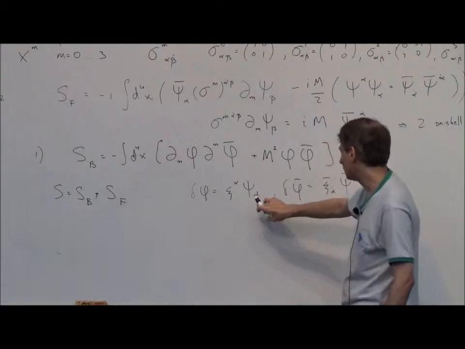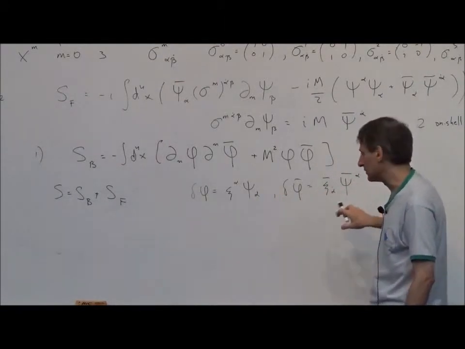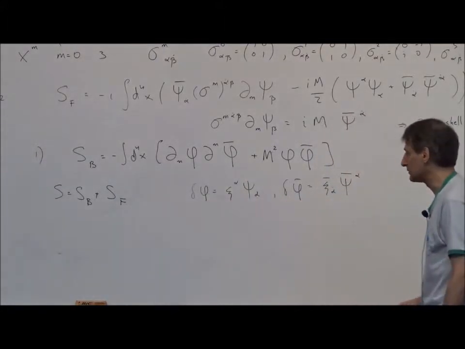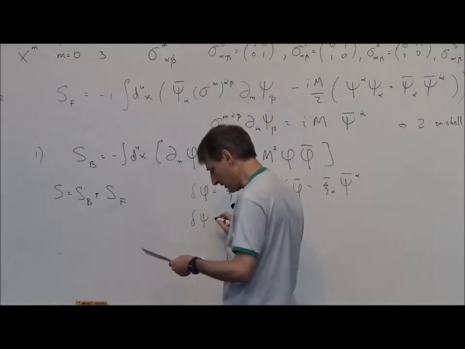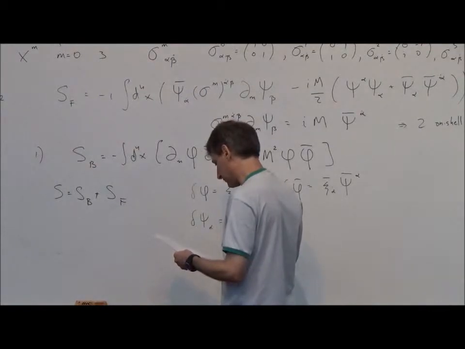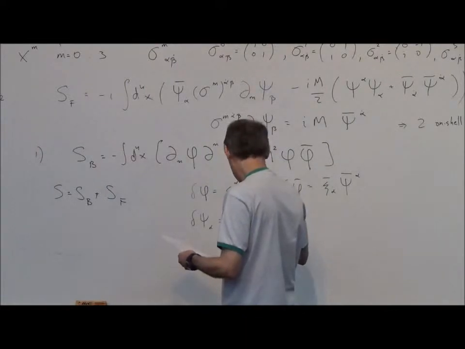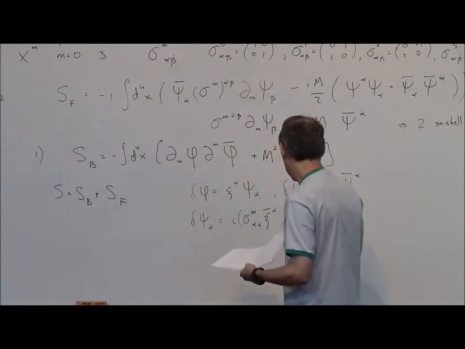So this should remind you of what we did yesterday with d equals 1 and d equals 2 supersymmetry. The boson transforms into the fermion without derivatives. On the other hand, the fermion, psi alpha, is going to transform into the boson with derivatives. So it will be i times d_n phi.